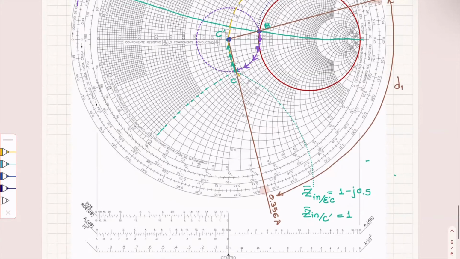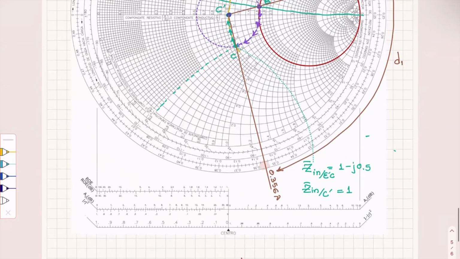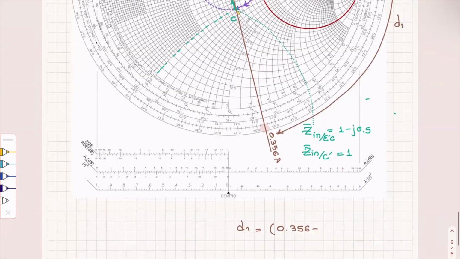So D1 here is going to be 0.356 minus 0.229 lambda, which is 0.127 lambda.